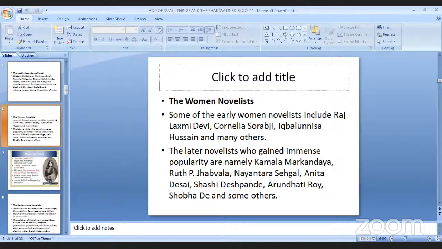Now, Ruth Jhabvala is a unique writer of Indian English novels. She brings to light the follies and foibles of her characters in the most humorous way.